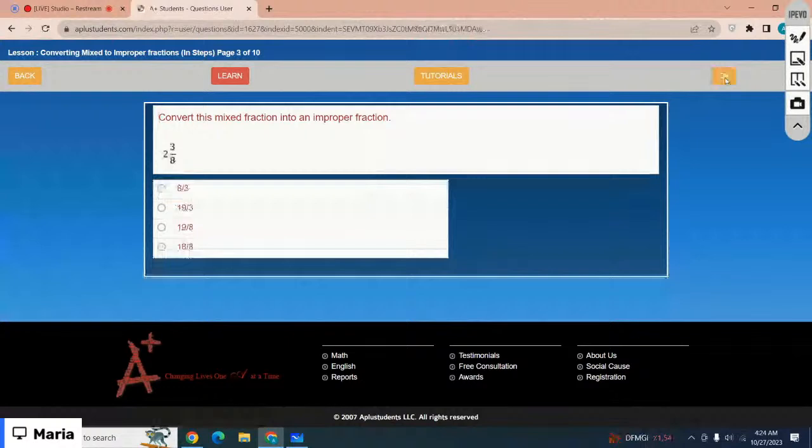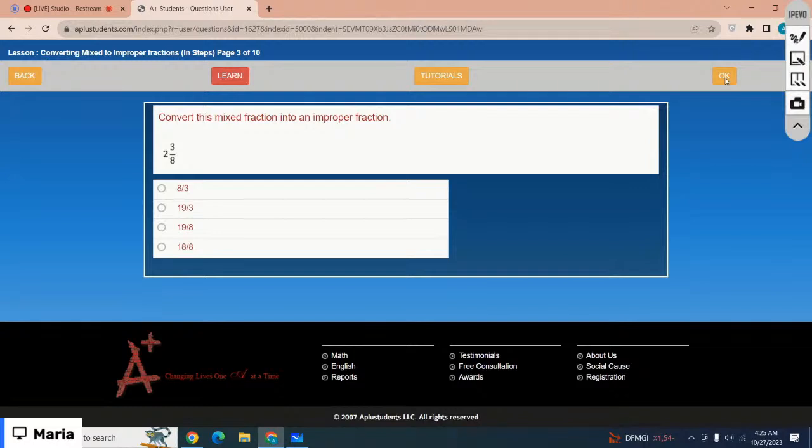Okay, convert the mixed fraction into improper fraction. Which is the correct option? Yes, it is 19 over 8.